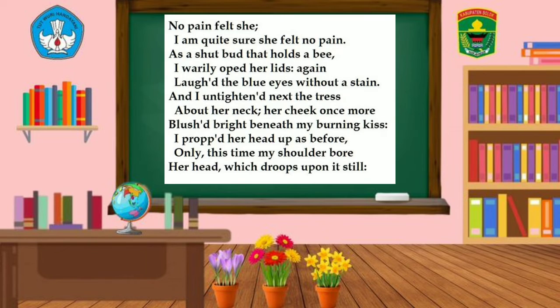As a shut bud that holds a bee, I warily oped her lids. Again laughed the blue eyes without a stain. And I untightened next the tress about her neck. Her cheek once more blushed bright beneath my burning kiss. I propped her head up as before, only this time my shoulder bore her head, which droops upon it still.